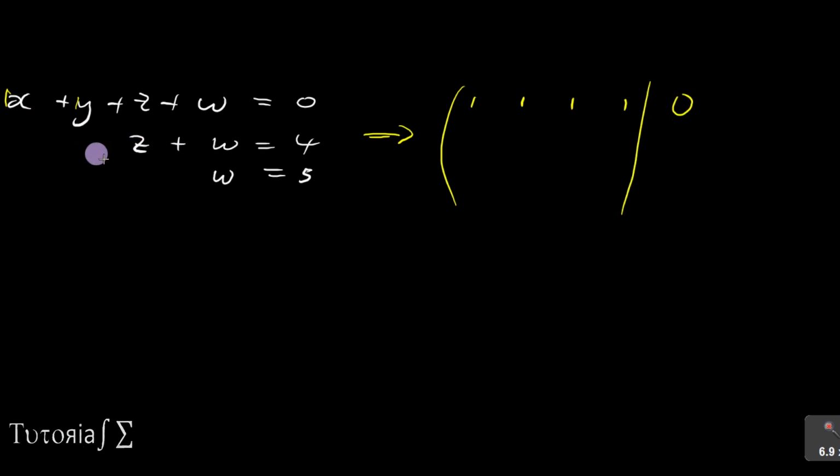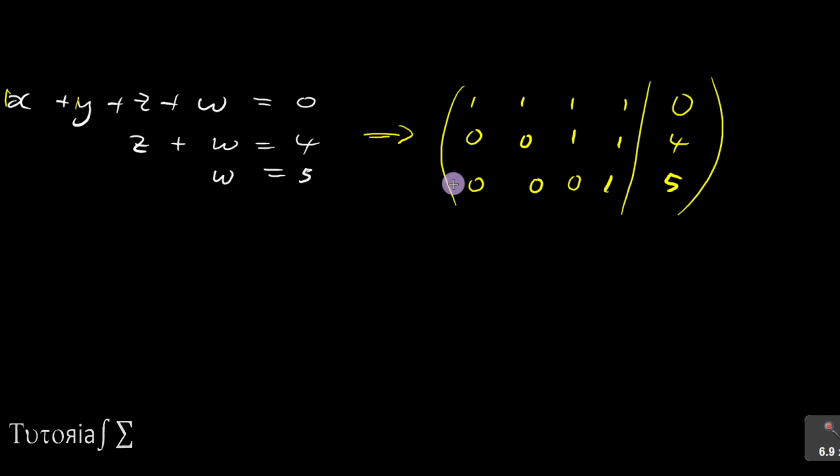Here, there is no x, so that is 0. There is no y, that is 0. We have z with coefficient 1, w with coefficient 1, and we have 4 here. Then here we have 0, 0, 1, 1 and 5. Okay, so we have this matrix.